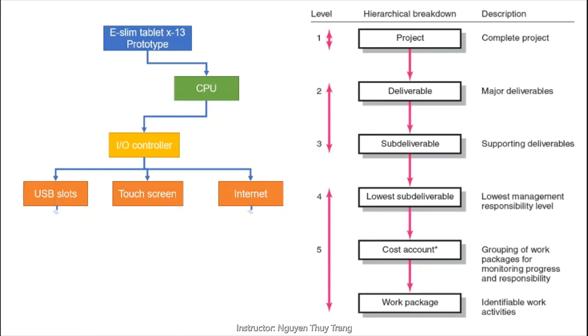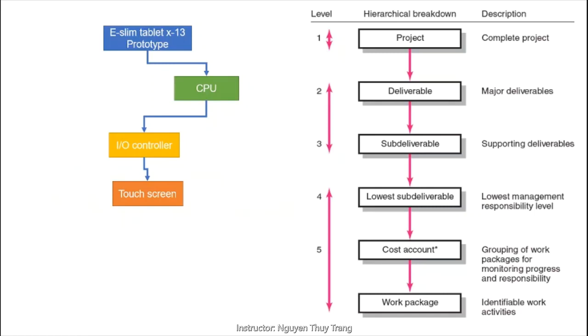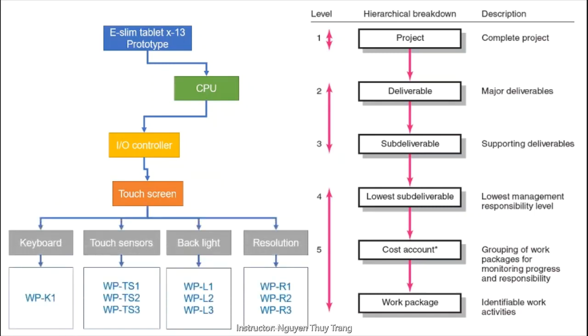Each lowest manageable level 5 includes work packages that will be completed by an assigned organizational unit. For example, the backlight, a sub-deliverable of touch screen, includes 3 work packages, WP 1, 2, and 3.